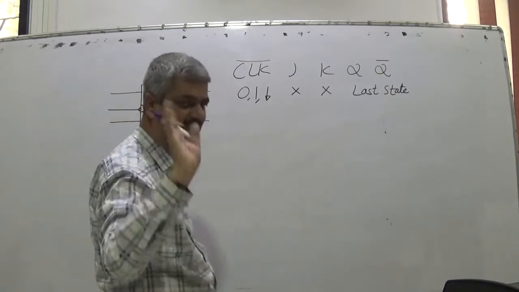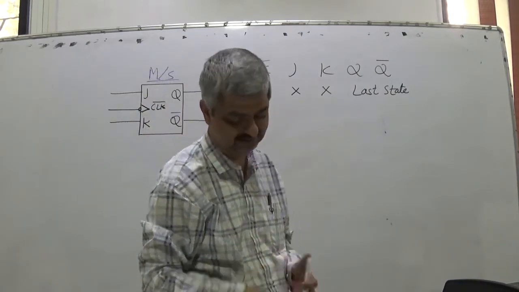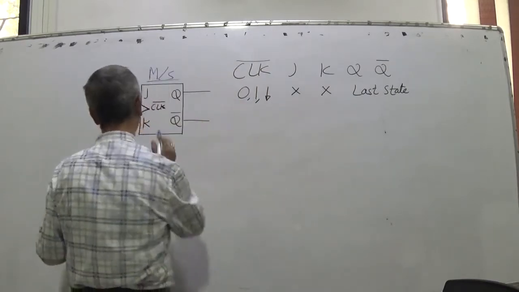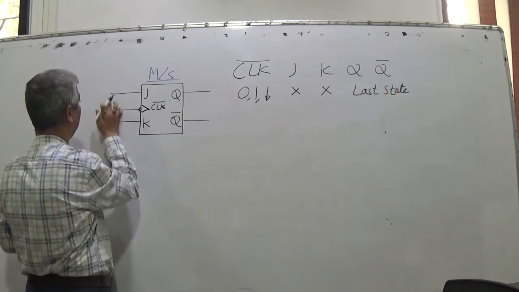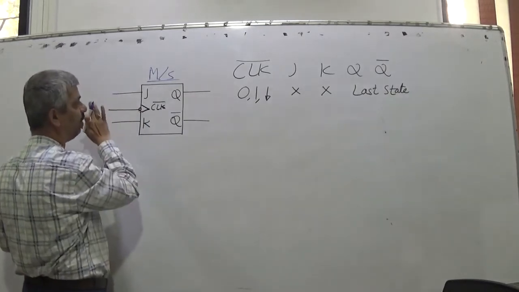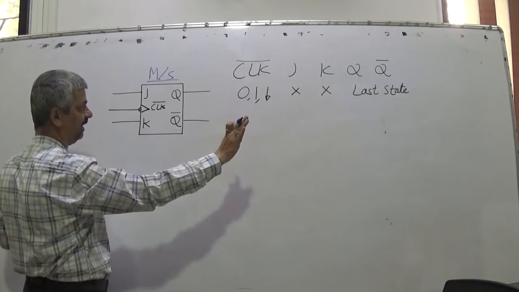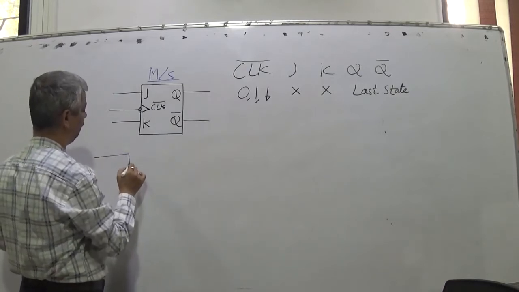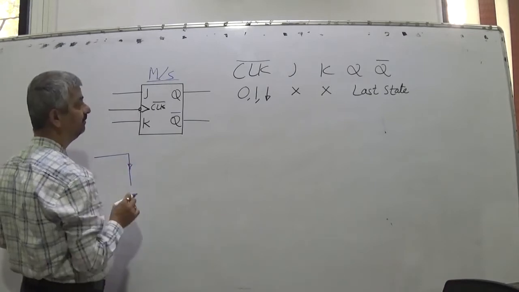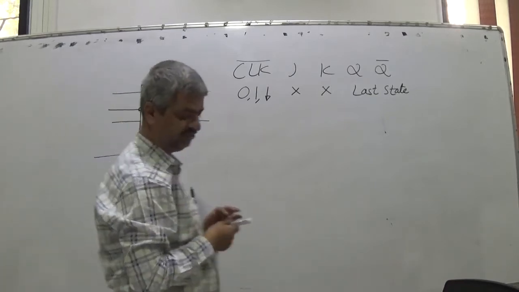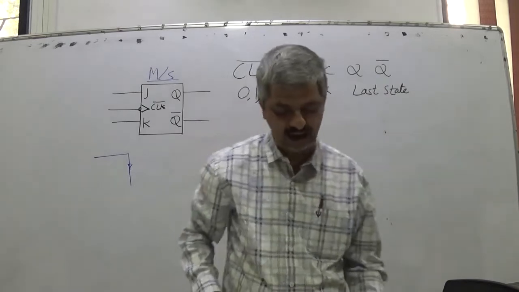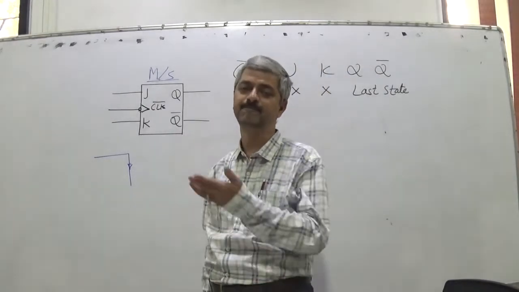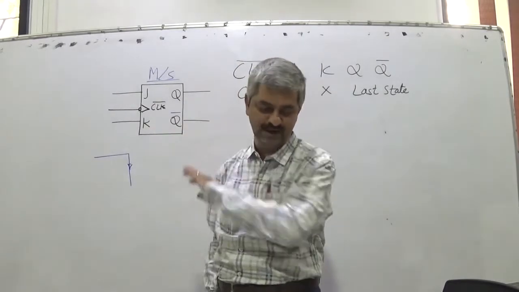which was explained in extreme detail in the specific lecture on JK flip-flop. So these J and K are not checked every time. These are checked only at the time of the rising edge. Only at the time of the falling edge of the clock do the outputs Q and Q bar change.